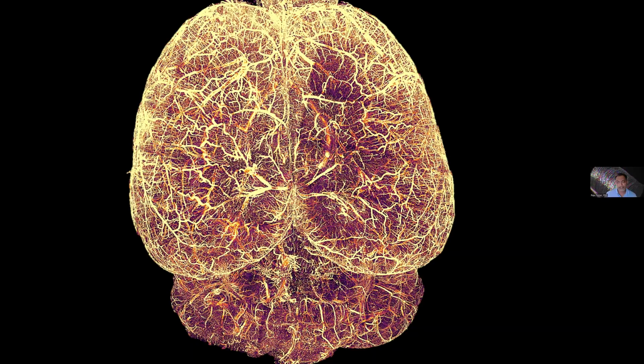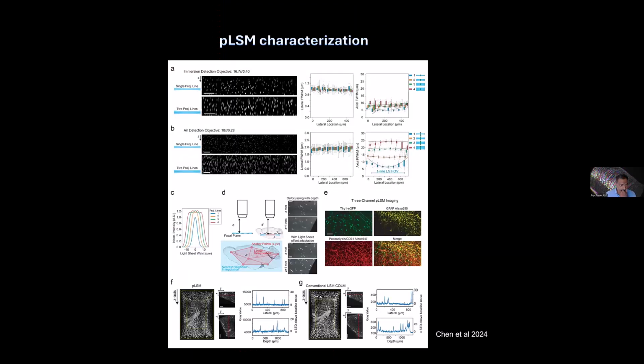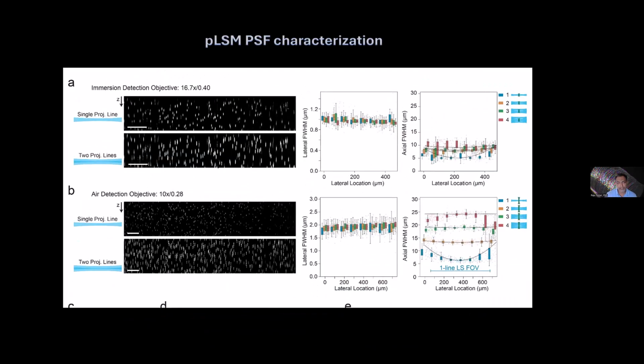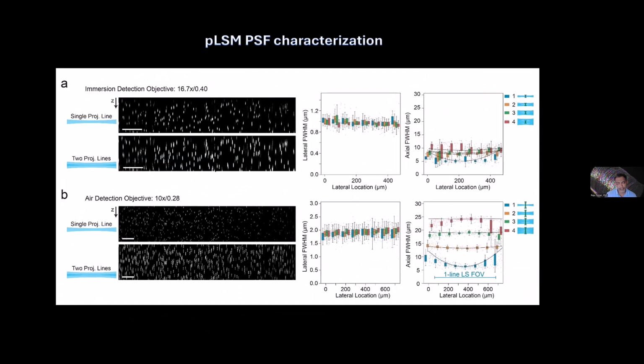Okay, so looking a little bit into the technical aspects of the pLSM, let's start with the resolution aspect. We characterized the PSF, or the resolution of the pLSM system, by imaging sub-resolution fluorescence beads, using two different objectives.